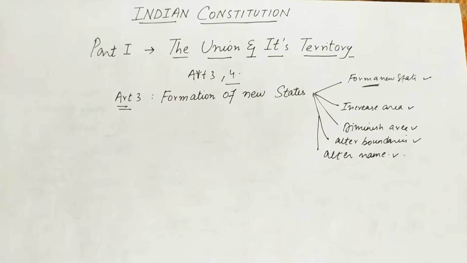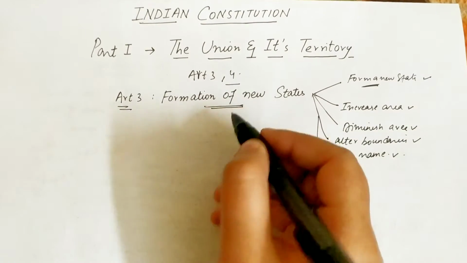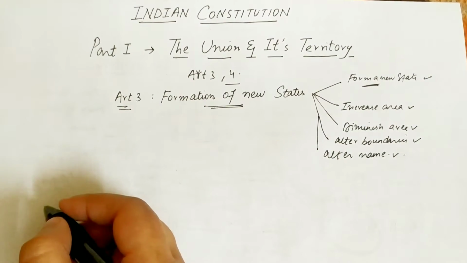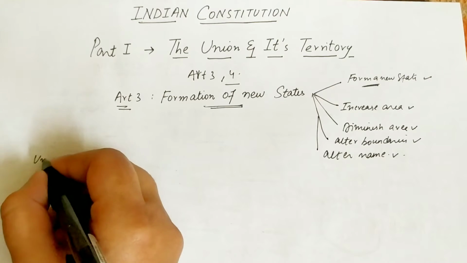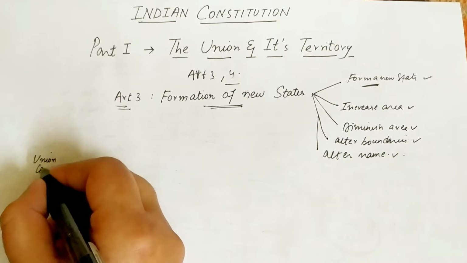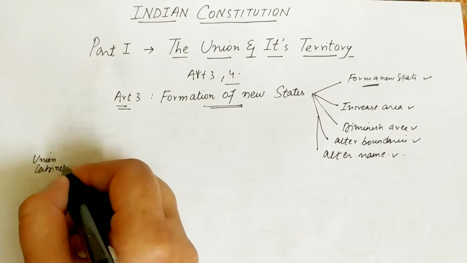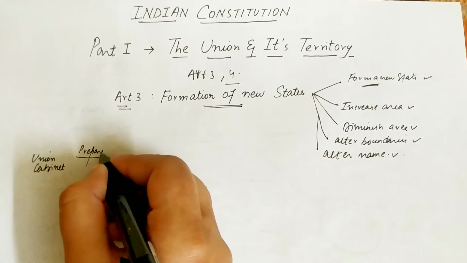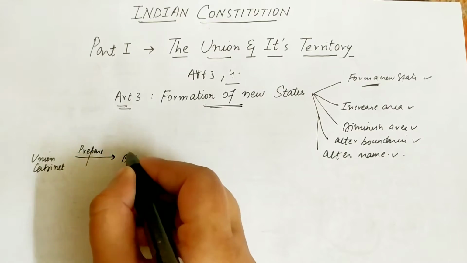Now we have to study the whole process of formation of the new states. So let's study it quickly. The whole process starts with the Union Cabinet preparing the bill. What is a bill?